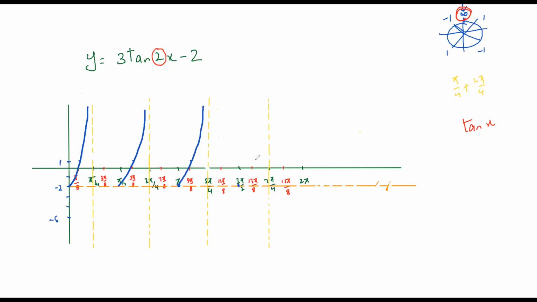Okay. I like doing this. So these are the positive parts of the curve. And now I'll be drawing the negative parts of the curve. It is at -5 here.